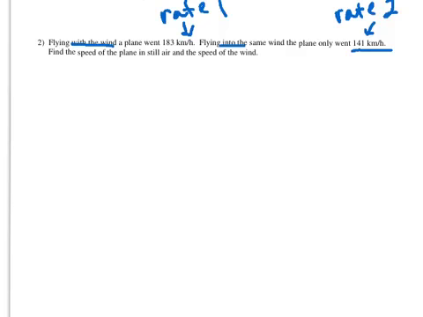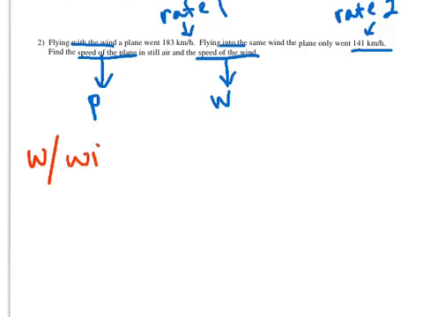So we want to find the speed of the plane, which we'll call P, and the speed of the wind, which we'll call W. Okay, so we're going to split this into two different things. So that rate 1 is with the wind and against the wind.